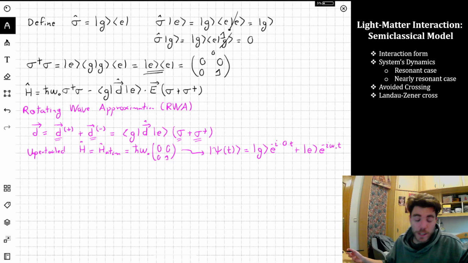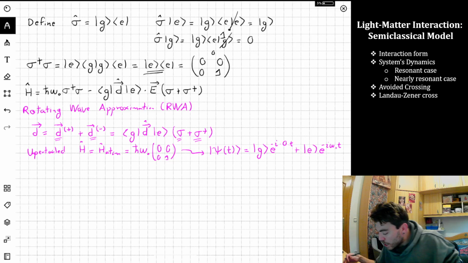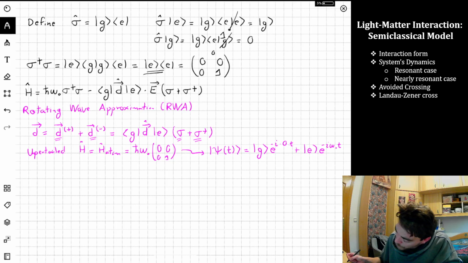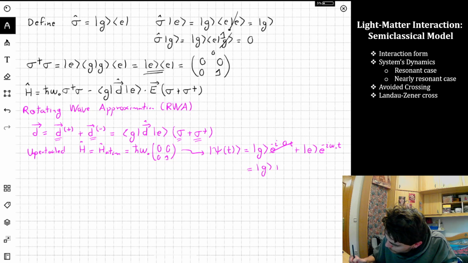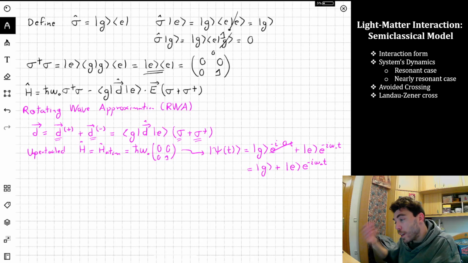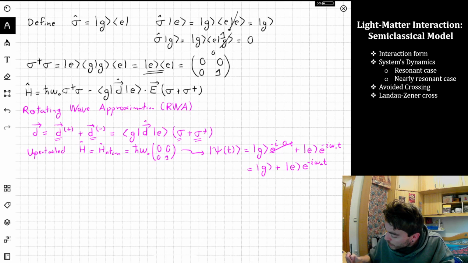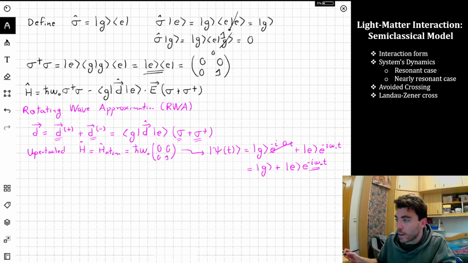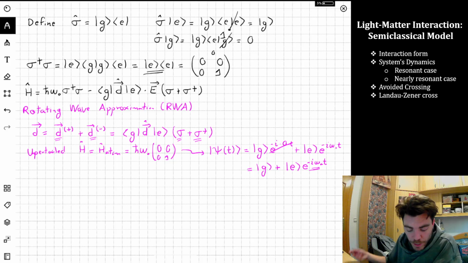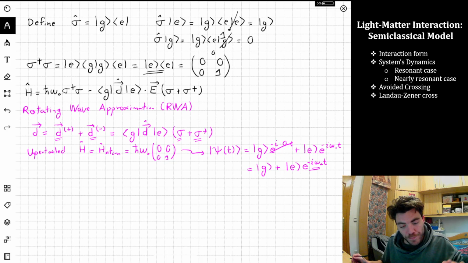This is just the solution of the Schrödinger equation when your Hamiltonian is diagonal. So the state is G plus E e to the minus omega 0 t. This is the evolution of any quantum state in the unperturbed case. And as you can see, the excited state is picking up a phase at a rate of omega 0 with respect to the ground state. This is typical in quantum mechanics.